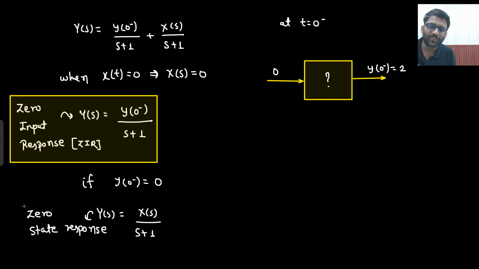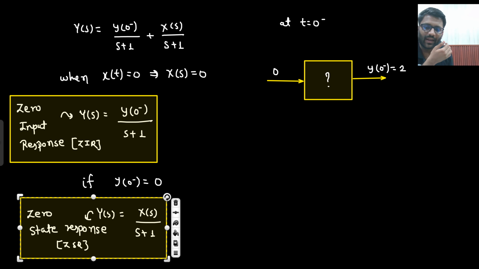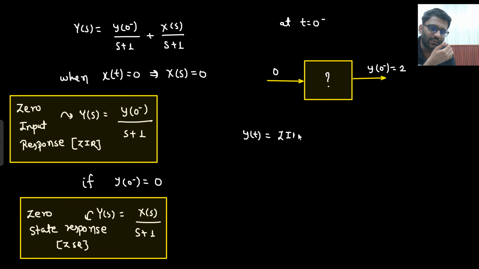So there are two kinds of responses: zero state response, ZSR, and zero input response. In every output y of t, there is zero input response plus zero state response.